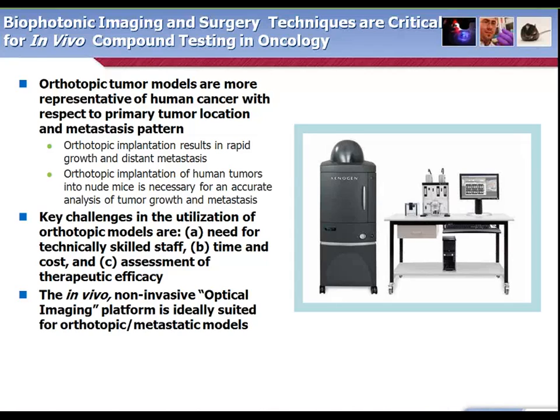There are several challenges in that you need technically skilled staff to be able to do the surgeries, to implant the tumors, and I should mention that orthotopic, as I'm sure most of you know, means that we're implanting the actual tumor cells at the tissue where the tumor originated. So you need technically skilled staff to do those types of surgery.